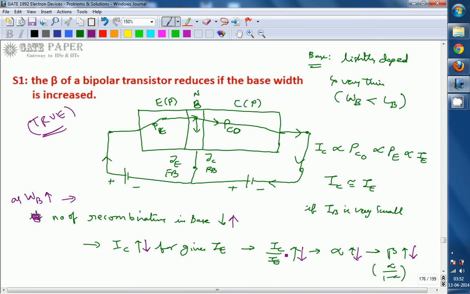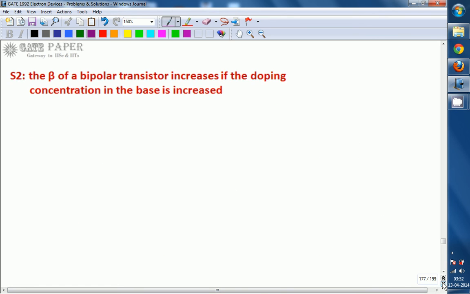Now we will consider the second statement: beta of a bipolar transistor increases if the doping concentration in the base is increased. N is generally represented for the doping concentration, and here it is NB for the base. If NB increases, the number of recombinations in the base increases.